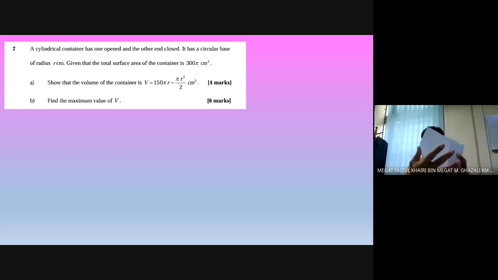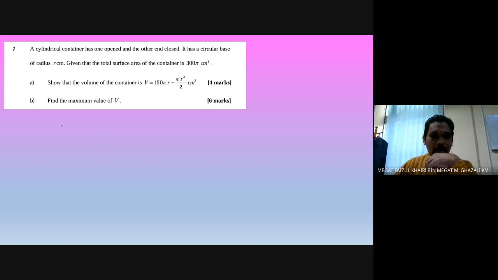So if I cut the body of the container on this side and I open it up, it will give you a rectangular shape, and then one circle at the bottom of this paper.